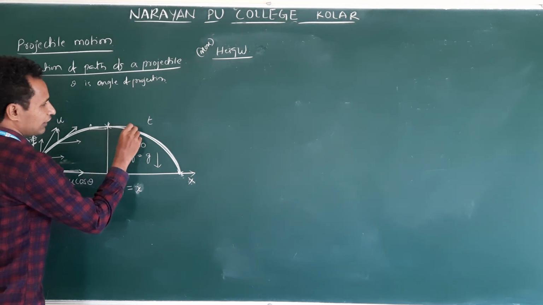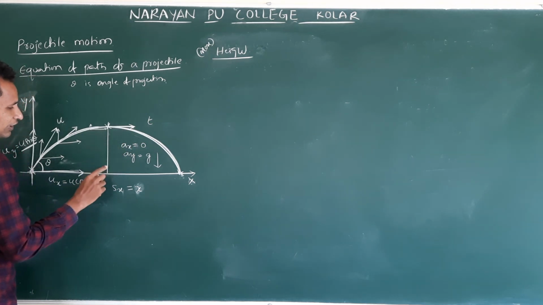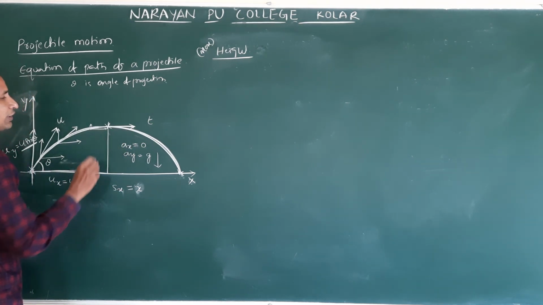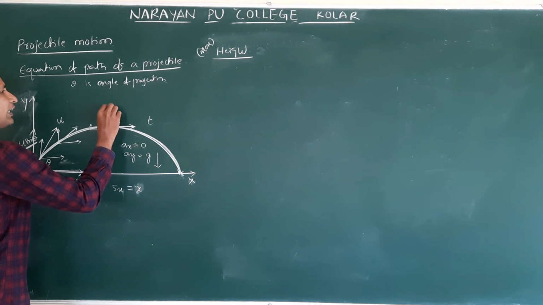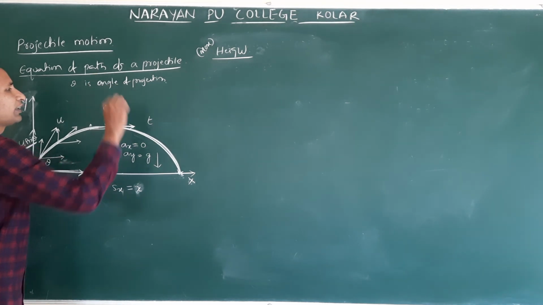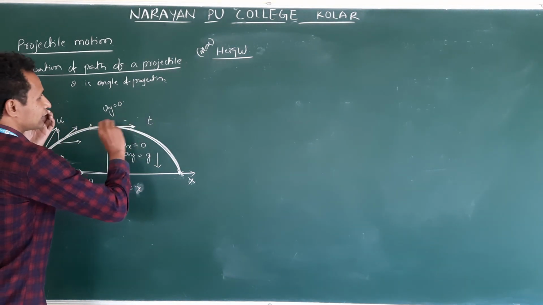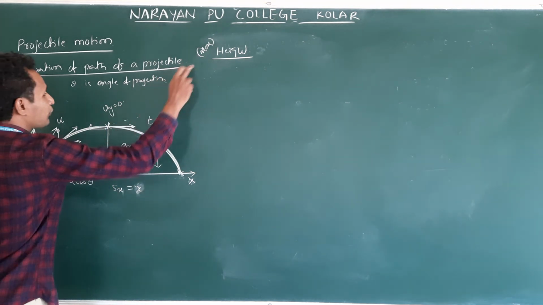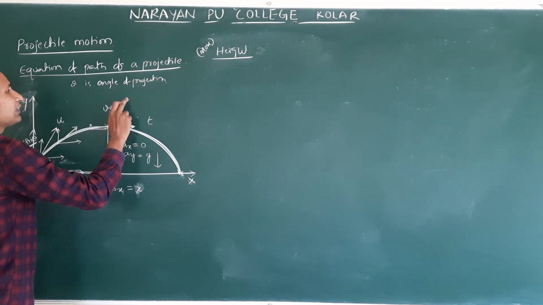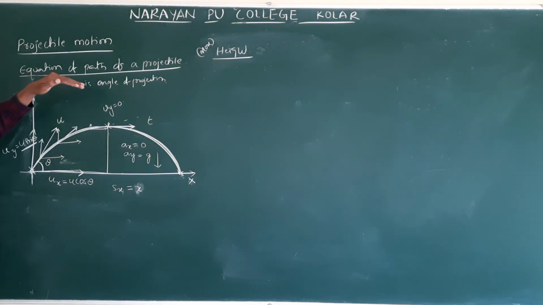If you draw a tangent, it is acting horizontal, which means parallel to the x-axis. What about the velocity along the y direction? The final velocity along the y direction will be 0. If not, then what happened? It would go further up in height. Maximum height means where the final velocity along the y direction is 0.